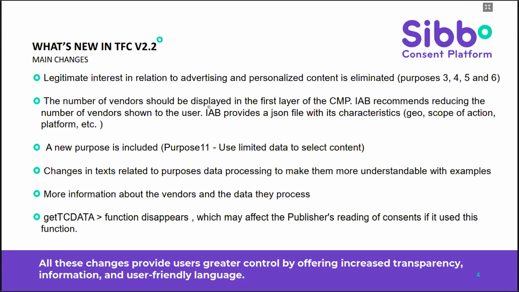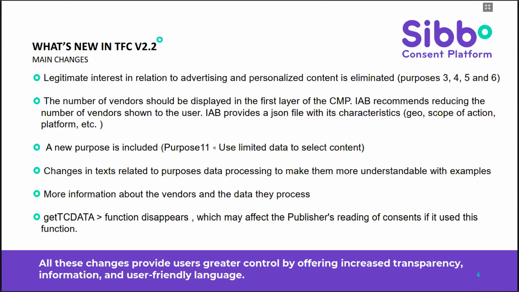The IAB also provides a JSON file with the characteristics of the different vendors. That's important to decide which vendors the publisher should display, as the IAB recommends reducing the number of vendors that are shown to the user.